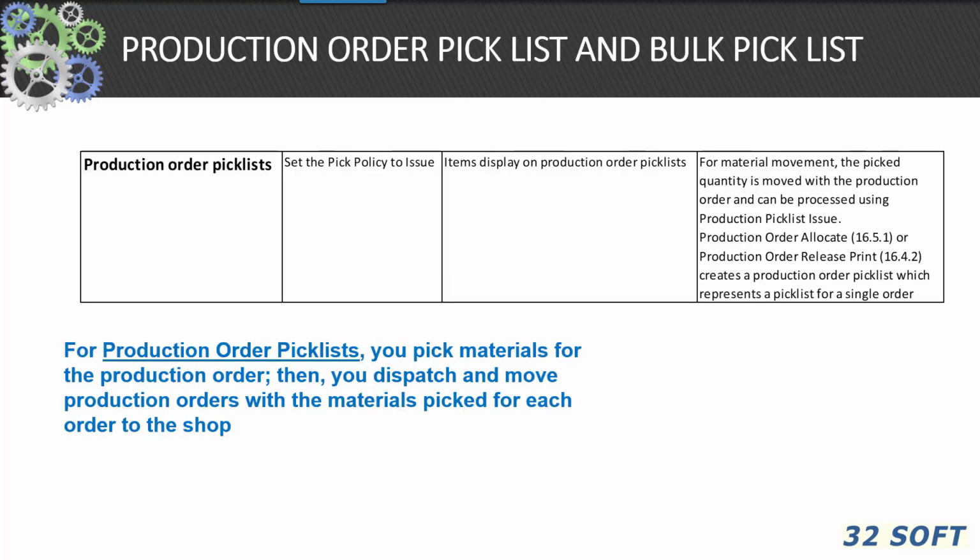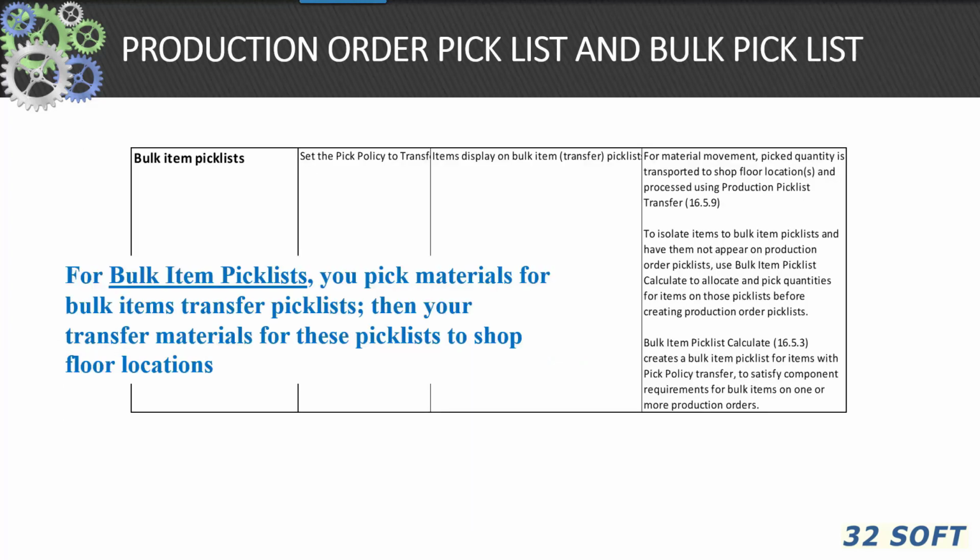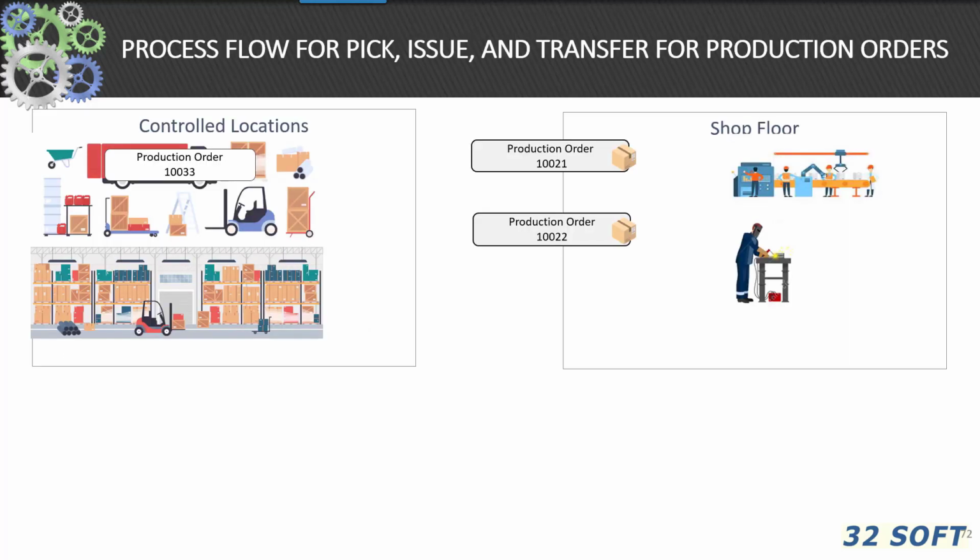For a production order pick list, you pick materials for the production order, you dispatch and move the production order with the materials from the stockroom to the floor. For bulk item pick list, you pick the materials and then transfer the material to those new shop floor locations.